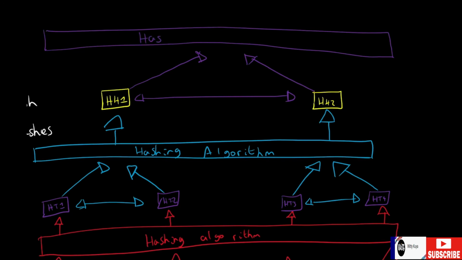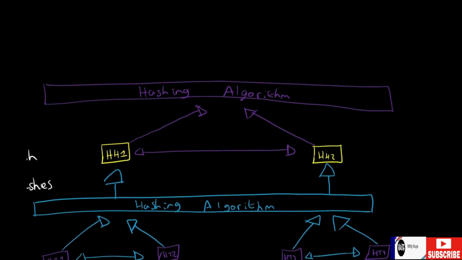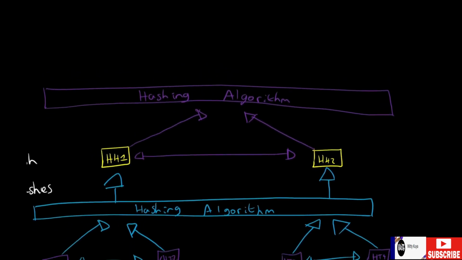So hashing algorithm. And from this, we get the ultimate piece of information. We get a single hash, and this is called the root hash.